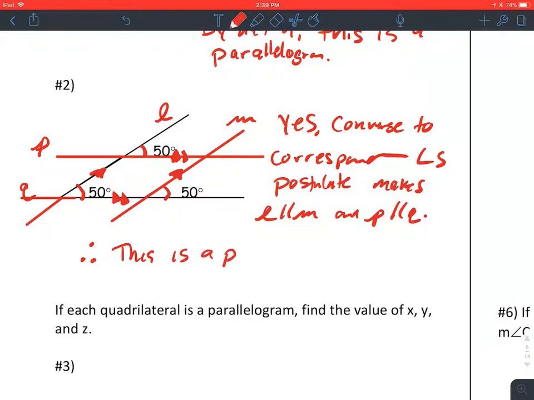This is a parallelogram by definition. By definition means by definition of a parallelogram.